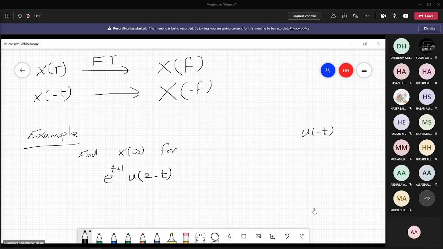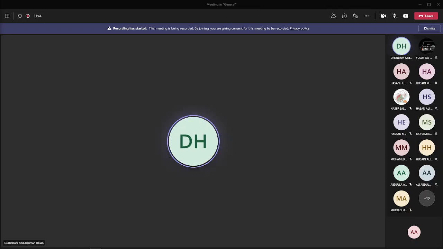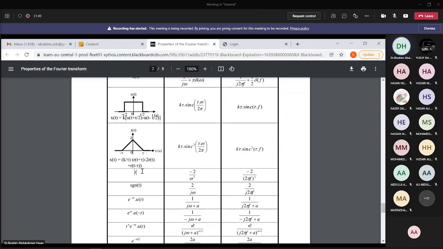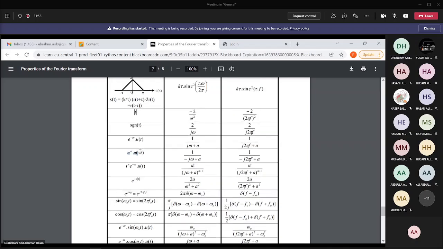If you look here, we have u of t. The u of minus t, I don't have it anywhere. I don't have u of minus t.